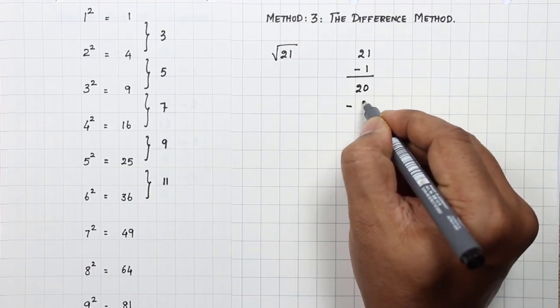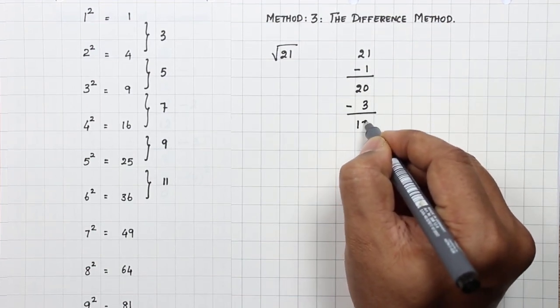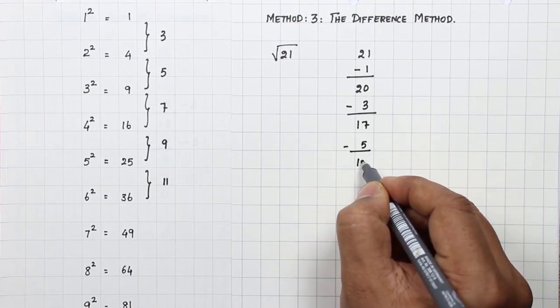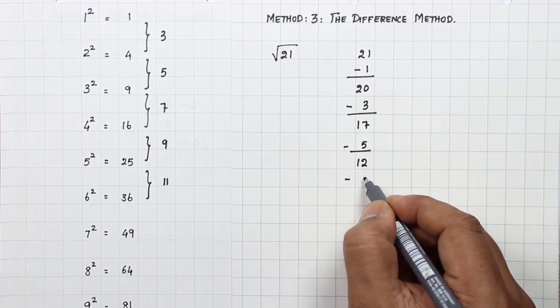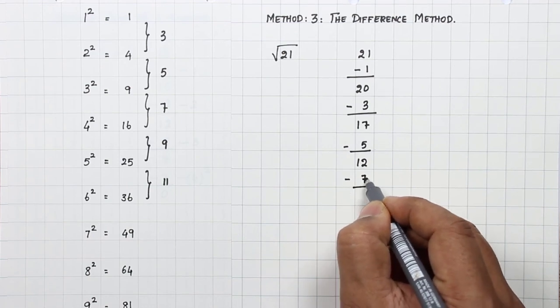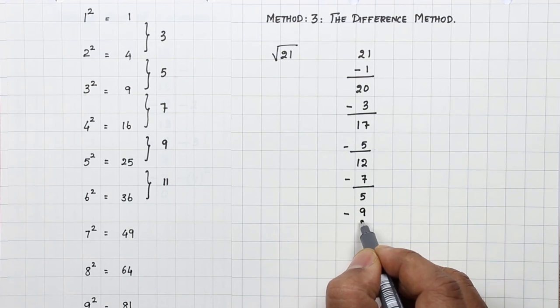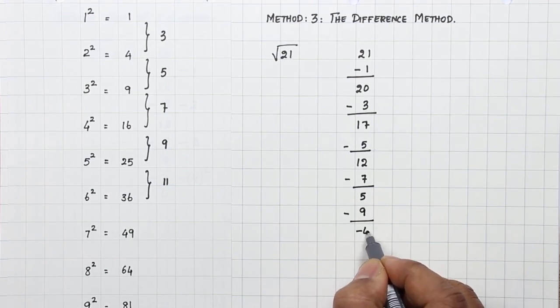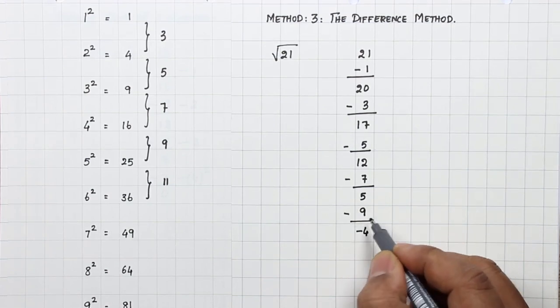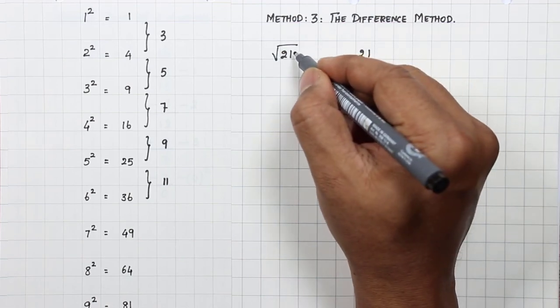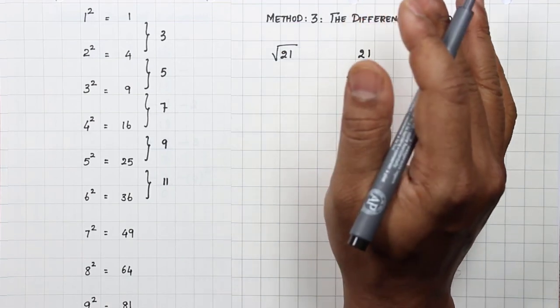The second term is 3, so that will give me 17. The third term is 5, which will give me 12. And the fourth term I need to subtract is 7, which will give me 5. And the fifth term I'm going to subtract is 9, which will give me minus 4. So I'm not going to end up getting 0 here. So this is very clear. Therefore, 21 is not a perfect square.